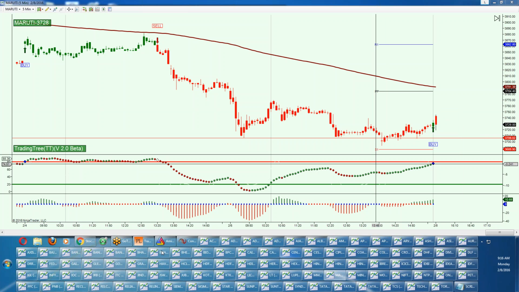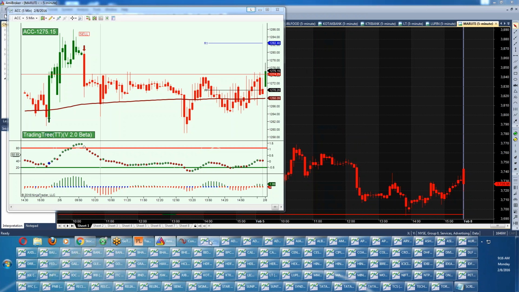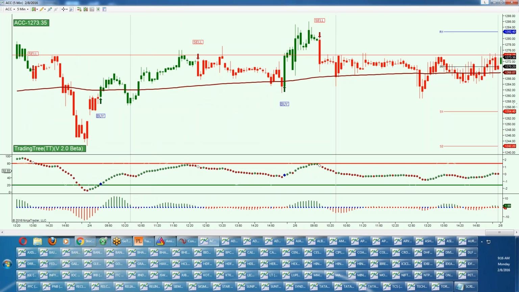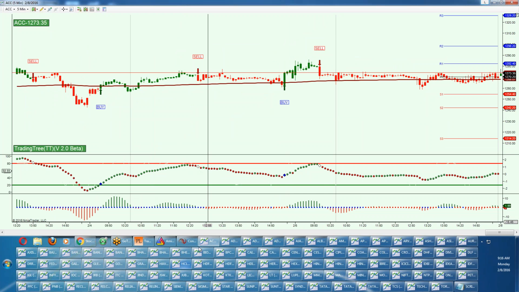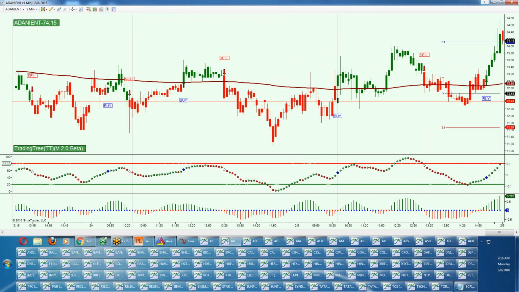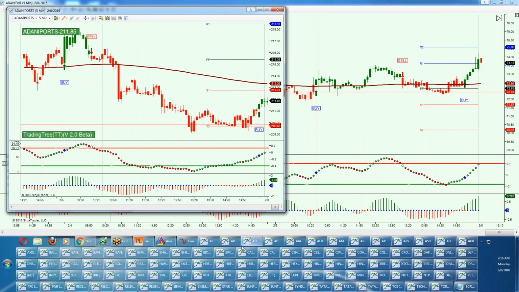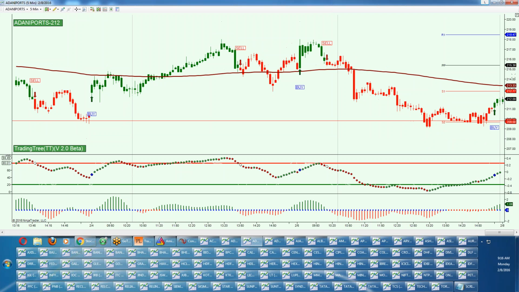I'll get a confirmation in the Ammyy broker, and only then will we enter the trade. ACC has been flat. That's Adani Enterprises. You'll be able to trade both intraday and positional with this application.